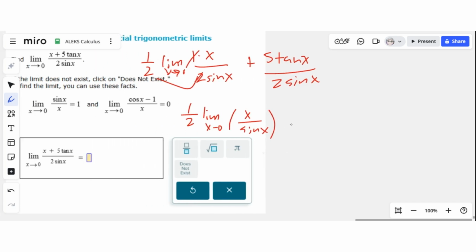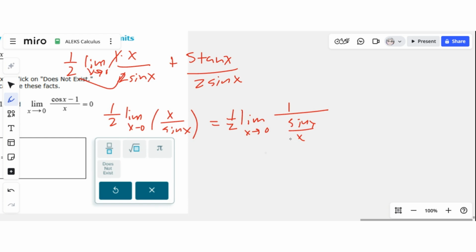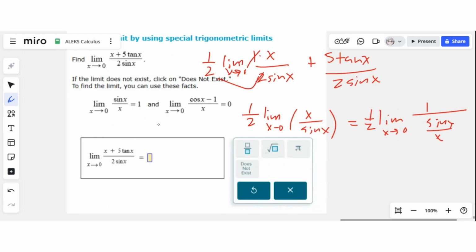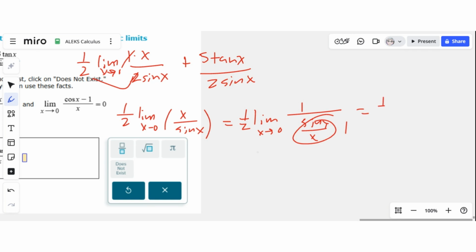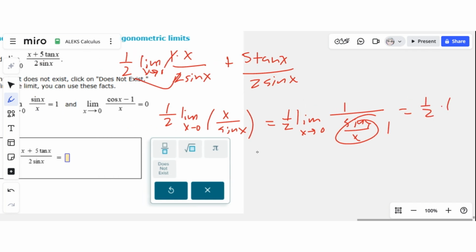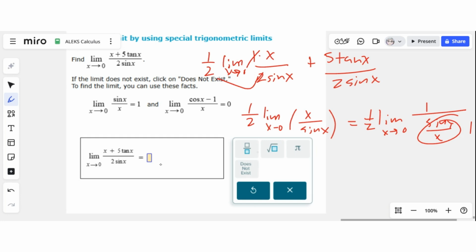So I could rewrite this as 1/2 times the limit as x approaches 0 of 1 over sine x over x. Now that's actually useful because we know that the limit of sine x over x is 1. So this part can be 1, and we have 1/2 times 1 over 1, which is just 1/2. So the first little chunk came to 1/2.